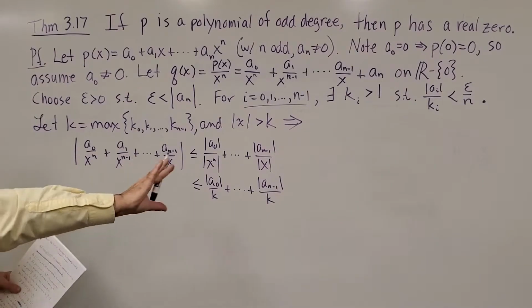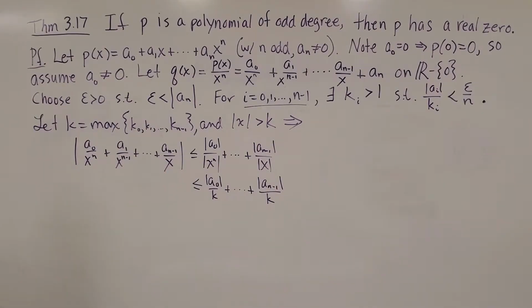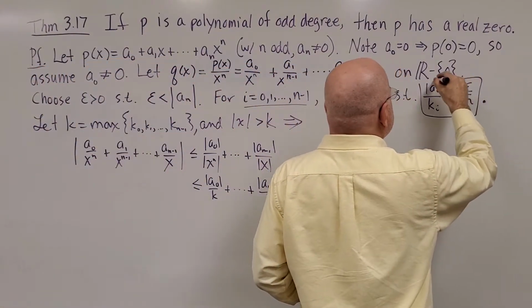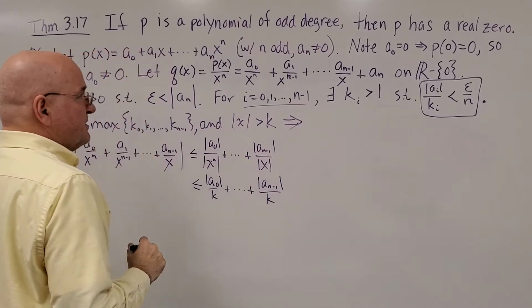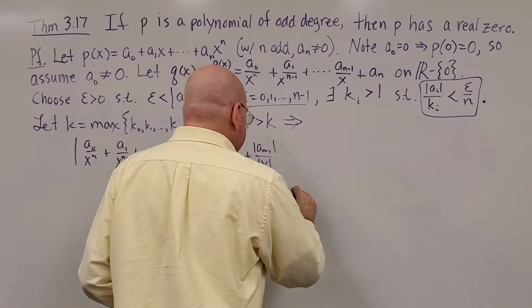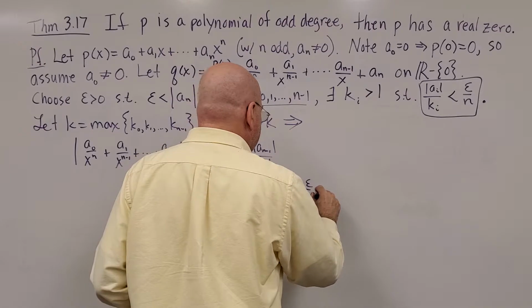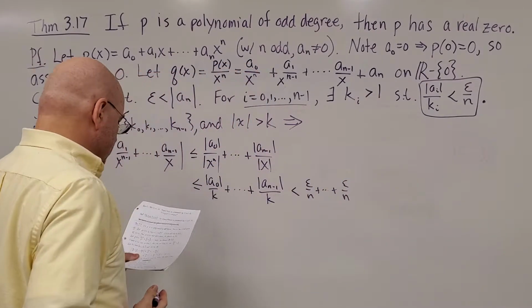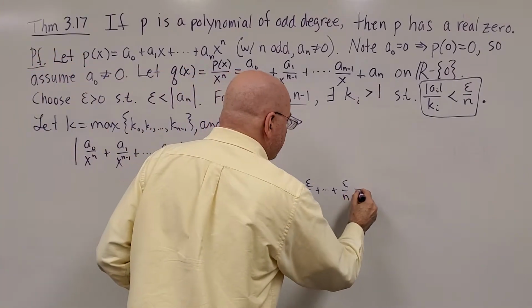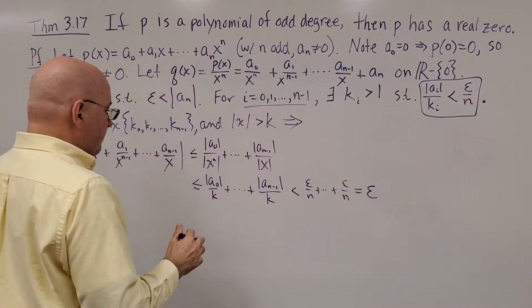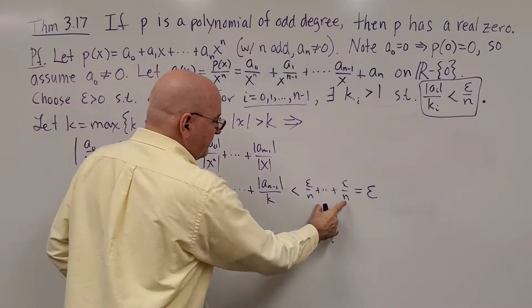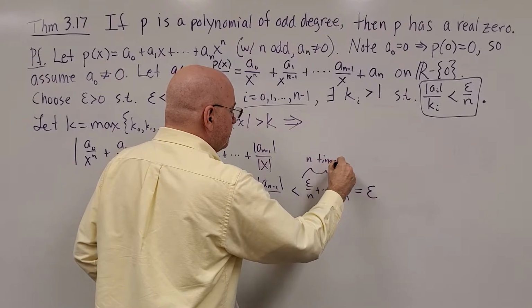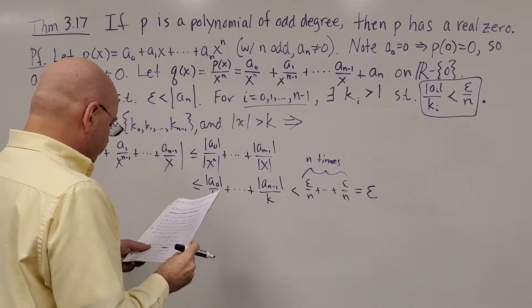Running out of room, so I'm going to go a little bit to the right now. Well, what do we know about each one of these terms? We know this. So that's strictly less than epsilon over n plus all the way up to the last one, which is equal to epsilon. I'm adding up n terms right here. Maybe I'll note that there are n times epsilon over n to get epsilon.